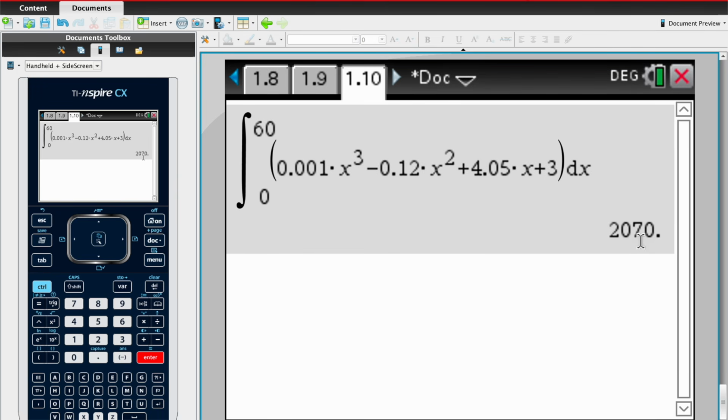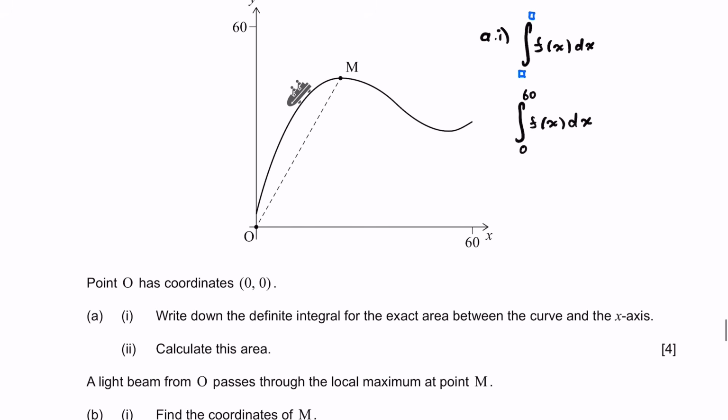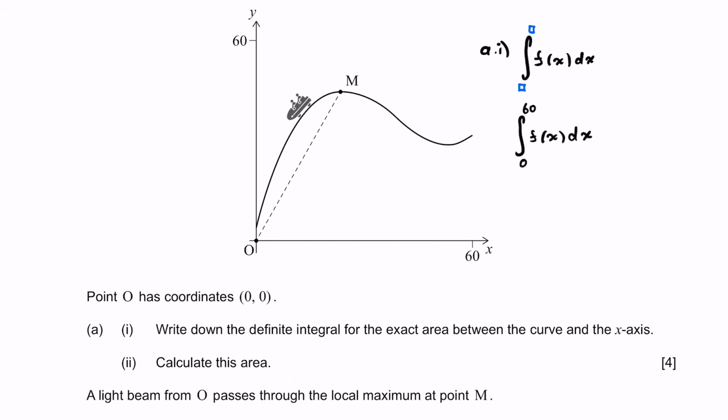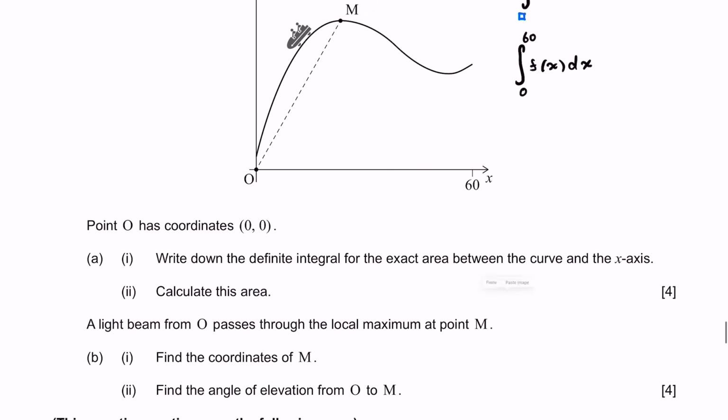So let's write that out. Process could be something like this. So here we have our function, and it is equal to 2070 meters squared.